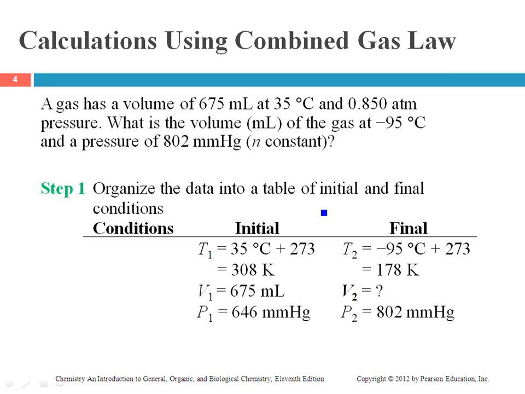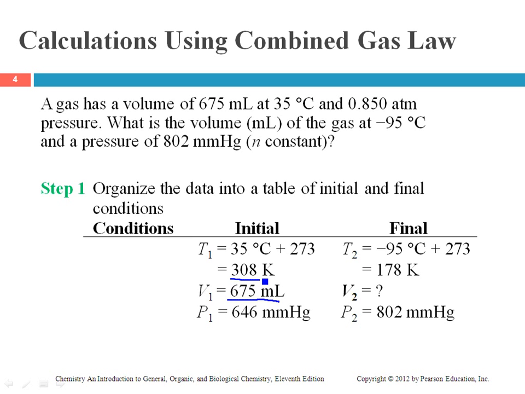And so it's obvious that you would use the combined gas law. So if we have a gas that has a volume of 675 milliliters, so here's our V1, at 35 degrees C, we know we have to add 273 to get 308 Kelvin. That's our unit for temperature for gas laws. And we have a 0.850 atm pressure.